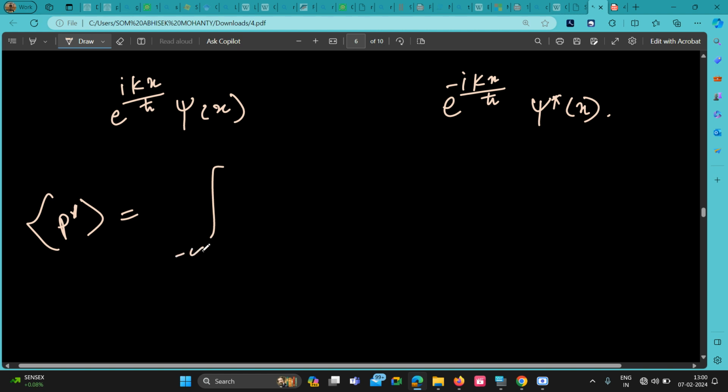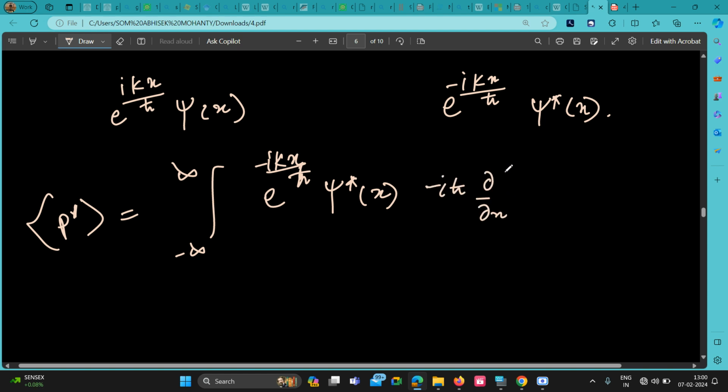P dash is the integral from minus infinity to infinity of e to the power minus i k x by h cut psi star x, then the middle part, minus i h cut del by del x of e to the power i k x by h cut psi x, dx.